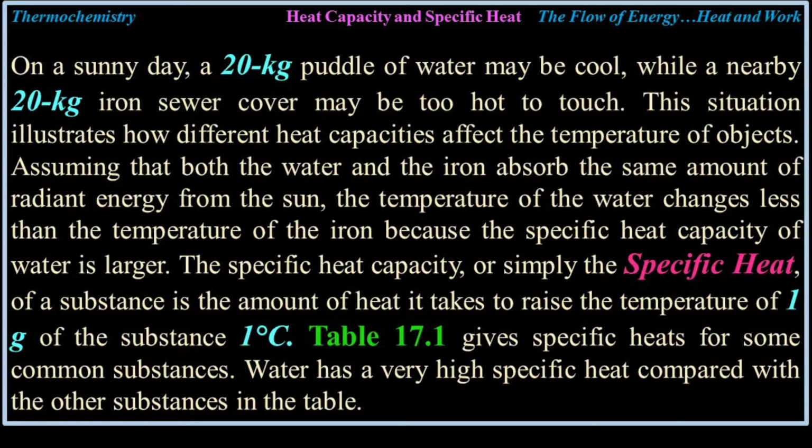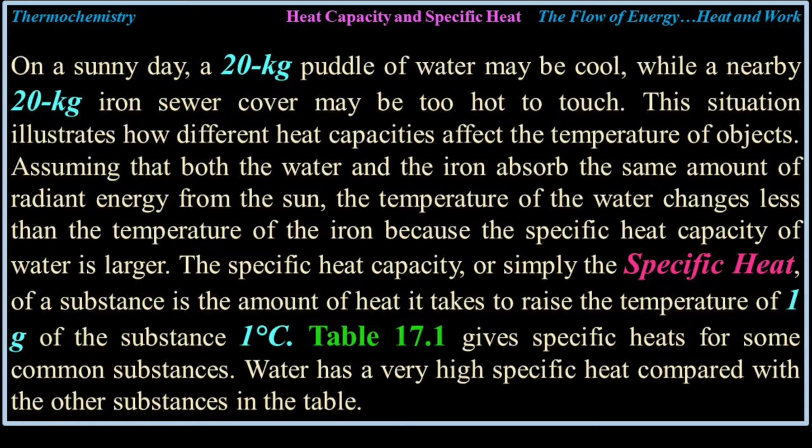Assuming that both the water and the iron absorb the same amount of radiant energy from the sun, the temperature of the water changes less than the temperature of the iron because the specific heat capacity of the water is larger. The specific heat capacity, or simply specific heat, of a substance is the amount of heat it takes to raise the temperature of 1 gram of a substance 1 degree Celsius.